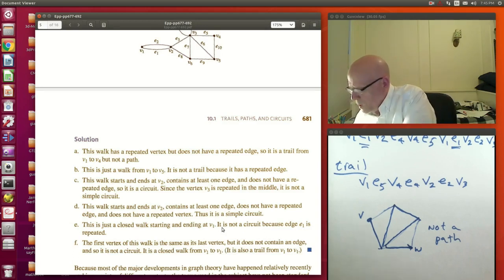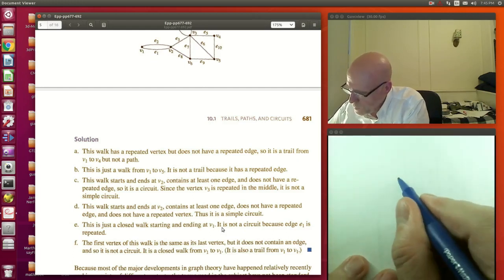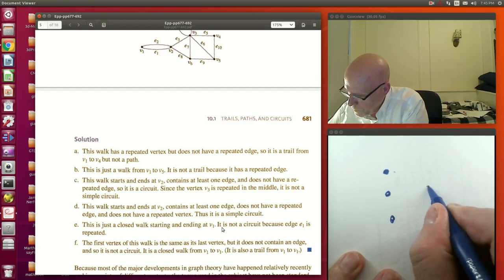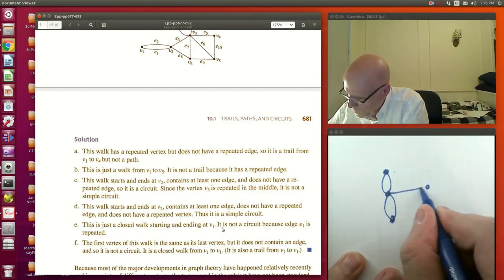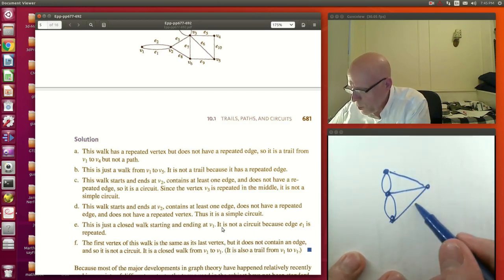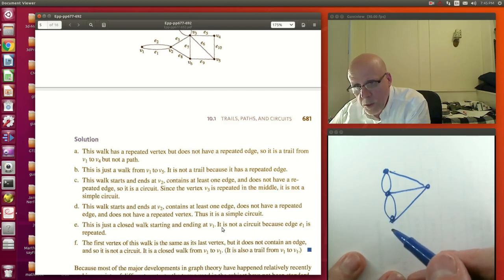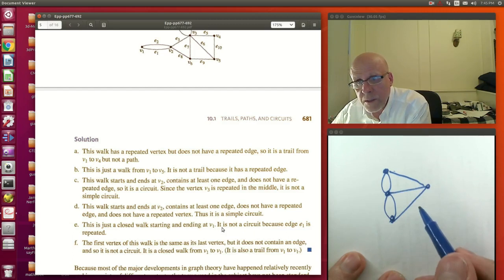If you have that Königsberg graph, is it possible to go through here and hit only the 4 vertices we see just once and cover all 7 edges?